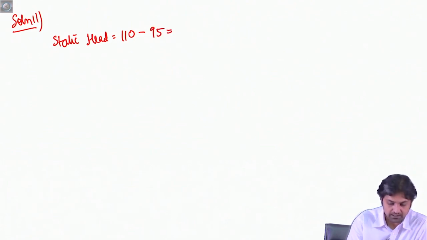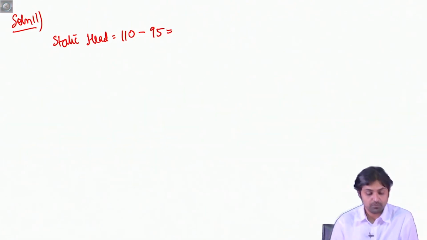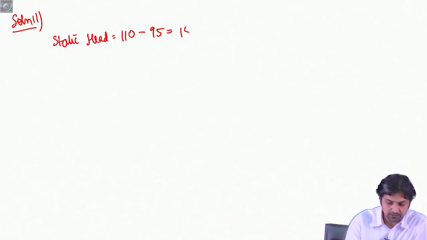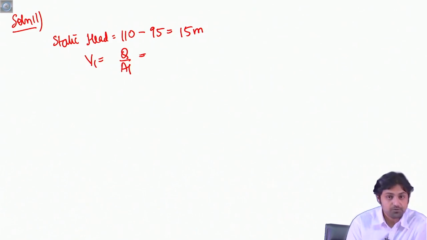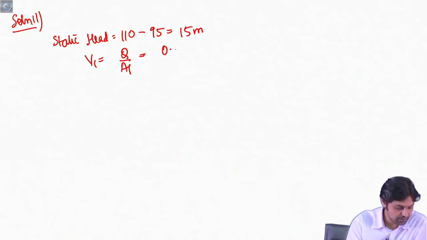You see that is the static head, if you remember the figure, and that is 15 meters. Velocity in the pipe 1 would be Q by A1. Pipe 1 was before the pump, pipe 2 was after the pump. Therefore, for V1, Q is given as 20 liters per second, so it is 0.02, and area is pi by 4 times the diameter, which is 0.15 squared.